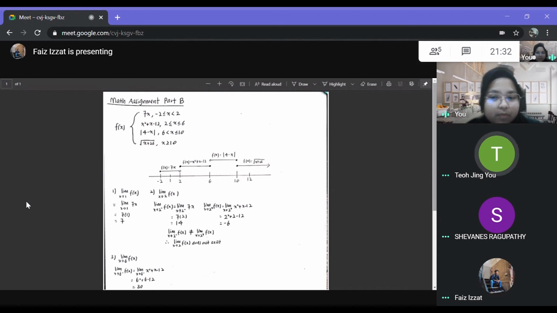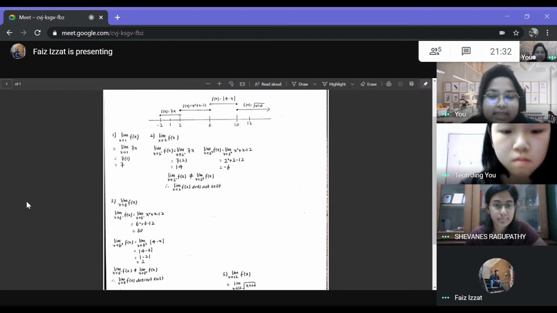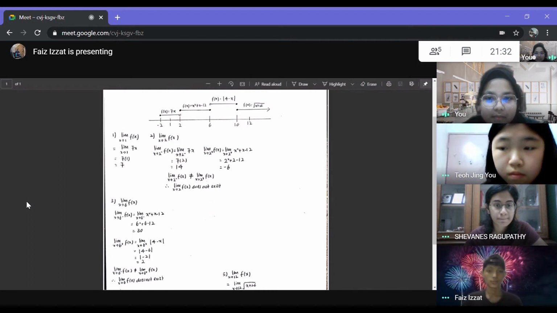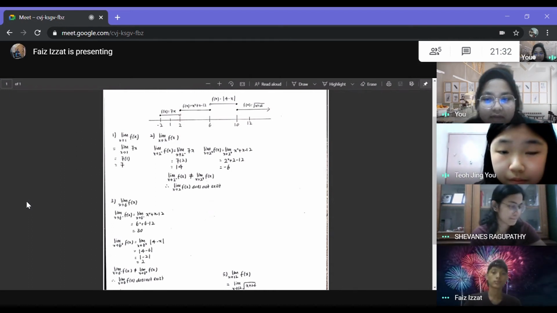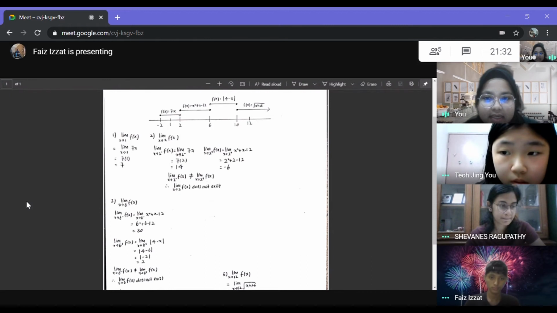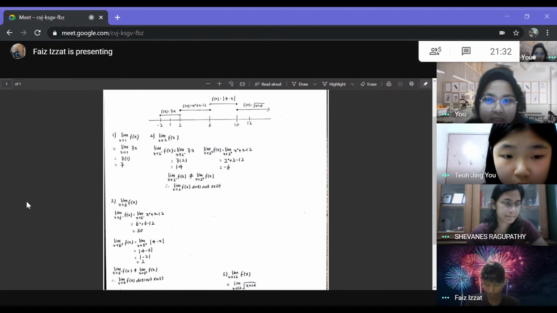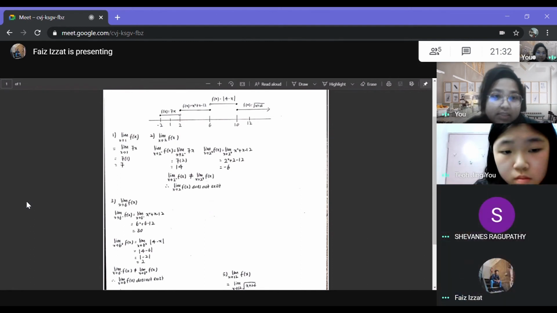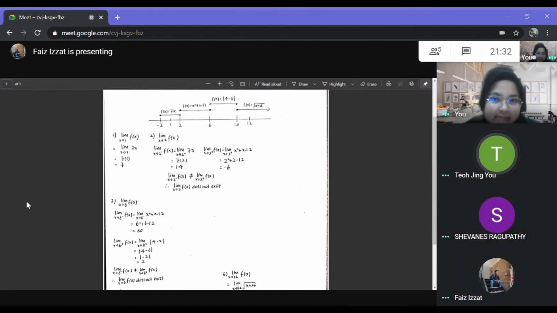So we're moving on to the third example. As we can see there, for the limit at x equal to 6, the number line is 6. For the left hand side, we have to take the quadratic function, which is x squared plus x minus 12.